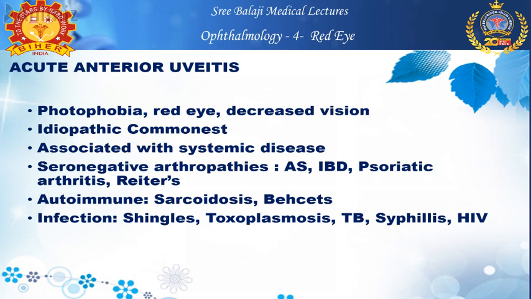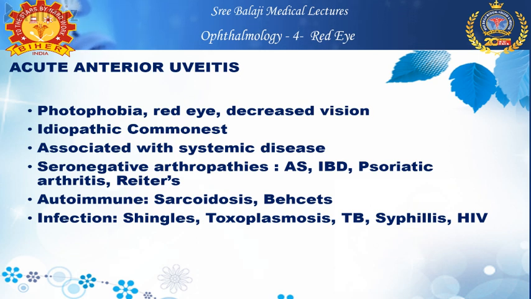The second common cause of red eye is acute anterior uveitis. Acute anterior uveitis patient usually presents with redness, photophobia and decreased vision. The most common is idiopathic. It can also be associated with systemic diseases.